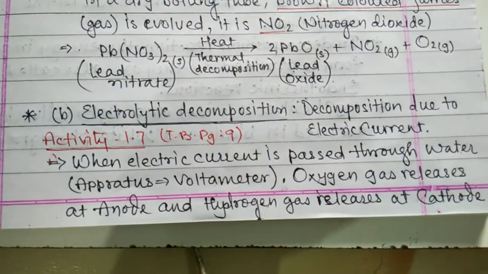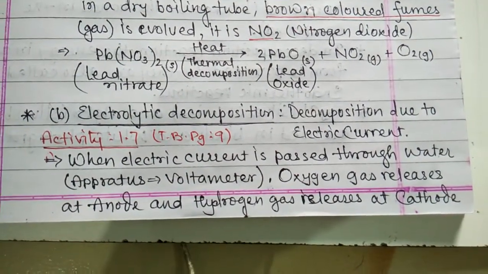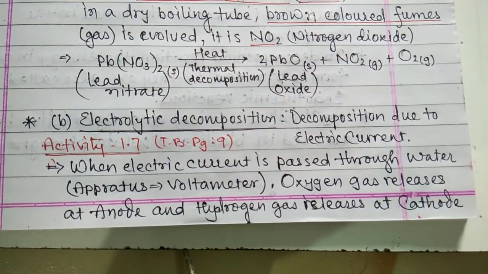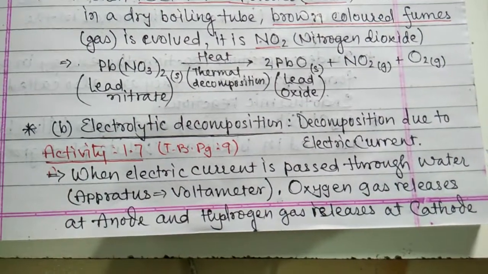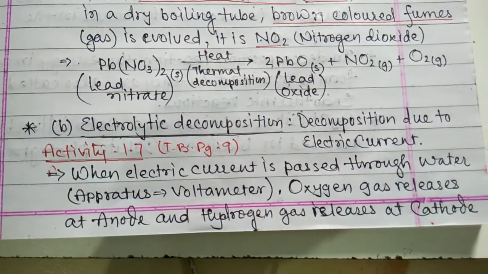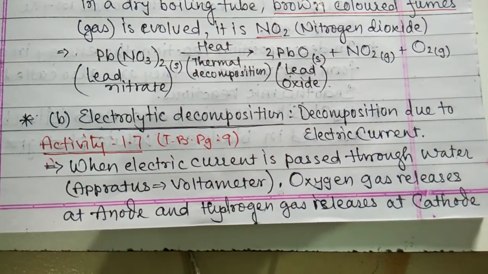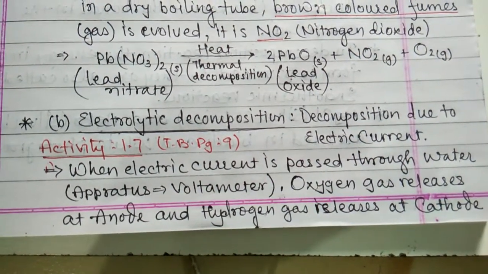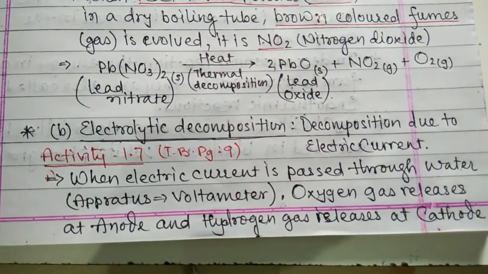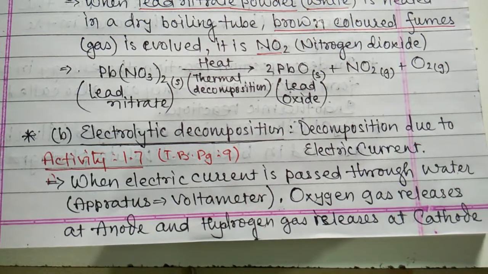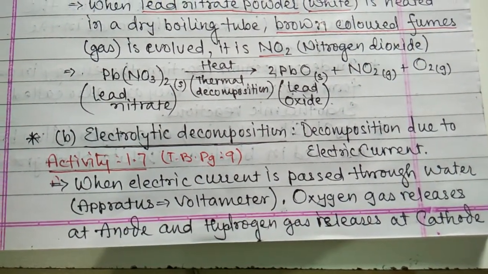Second one is electrolytic decomposition. Electrolytic decomposition is due to electric current, when electric current is passed through a solution or water. Here in activity 1.7, water is taken in a beaker with two electrodes, as per activity 1.7 in the textbook, page number 9.